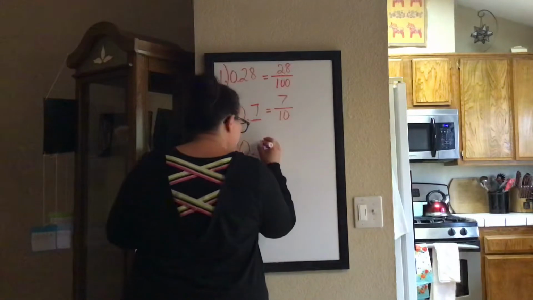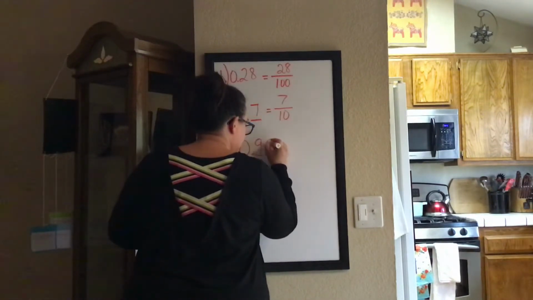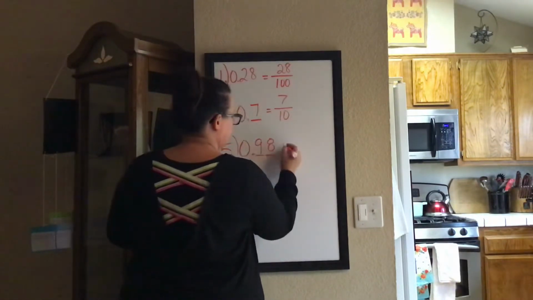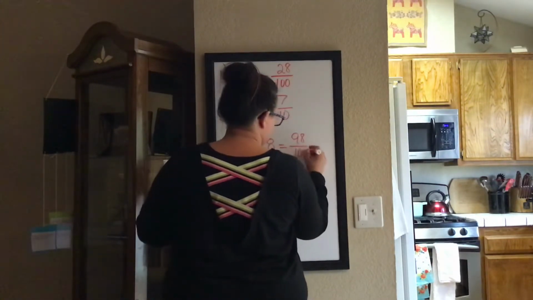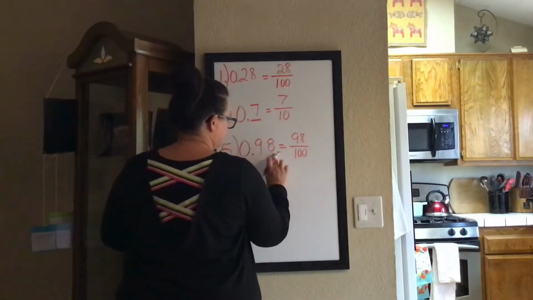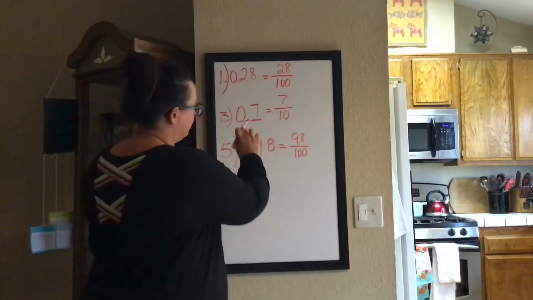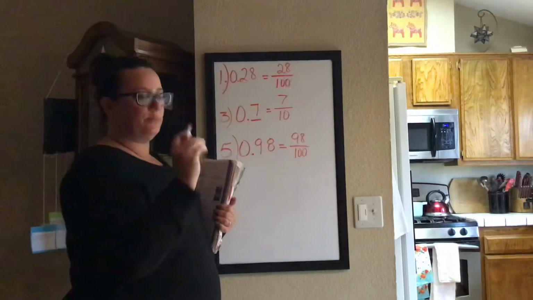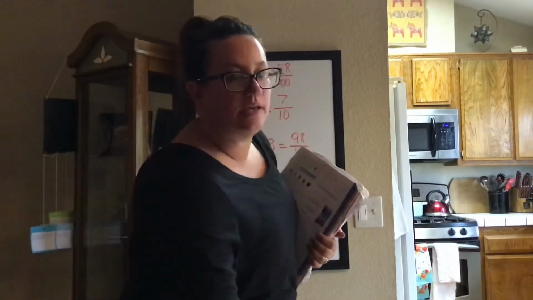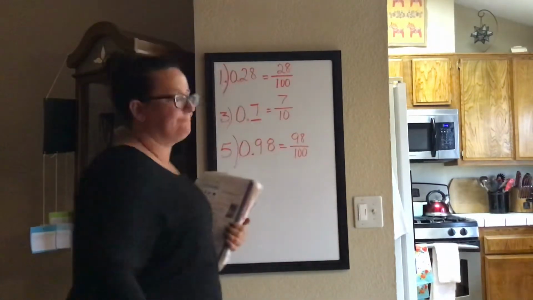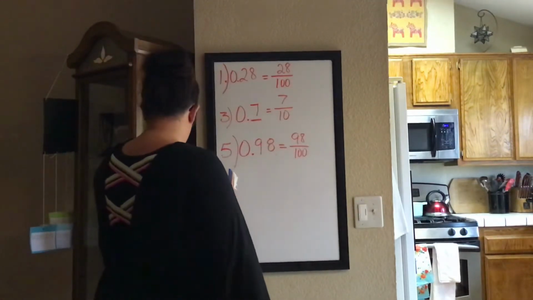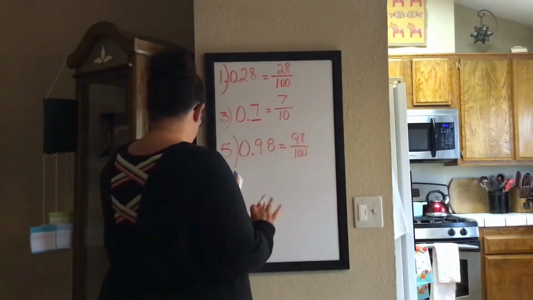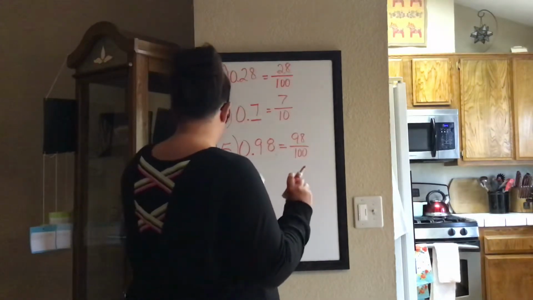So that would mean 98 are colored, which means I have 98 1/100ths. I'll erase this. Sometimes the line helps me to show where I'm supposed to end up in my decimal, okay? All right. Now they give you the fraction form and they want you to write it in decimal form, okay?